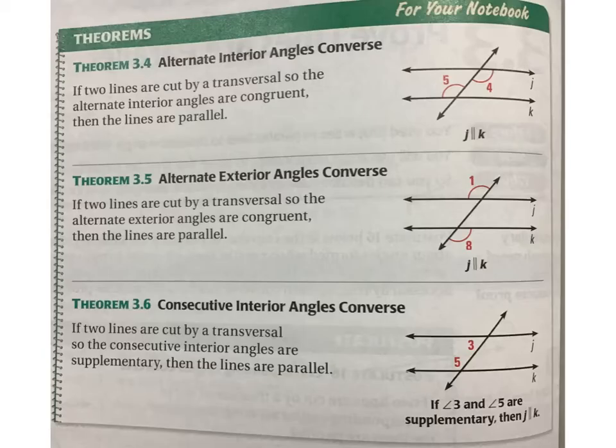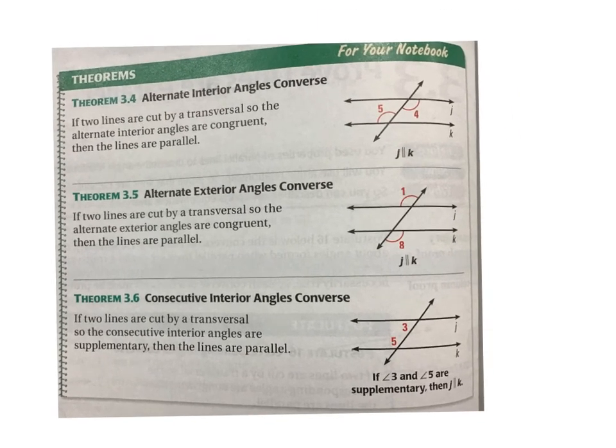All right, let's look at our other theorems that we need to go over. Now you have all of these in your journals, right? Okay, so Theorem 3.4, alternate interior angles converse.